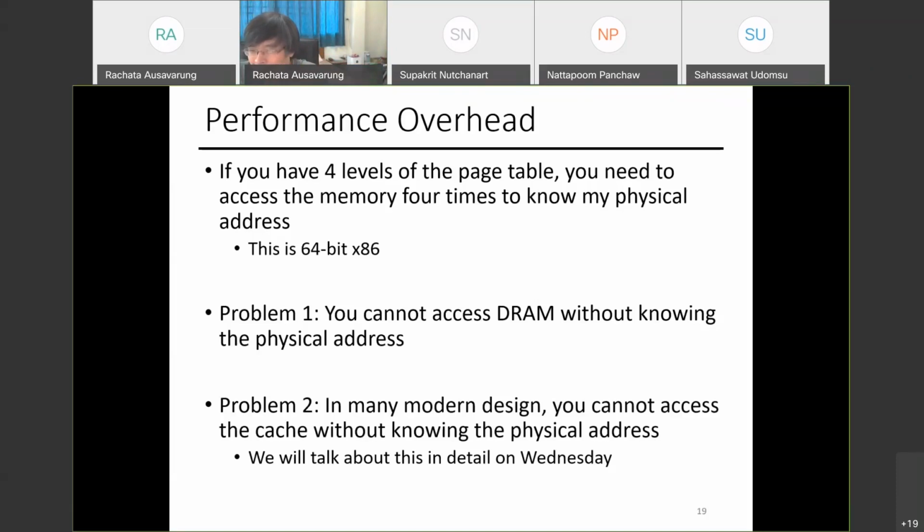Anyone want to take a quick guess at what we do to fix this problem? So we use the cache, basically cache data inside the L1, L2, and L3 caches, to make sure I can get my data quicker. So what can you do with the physical address?